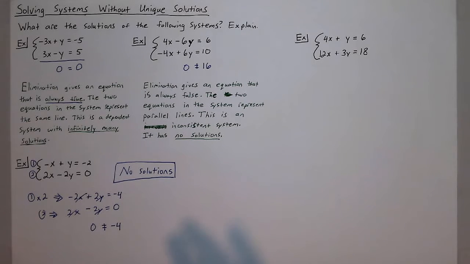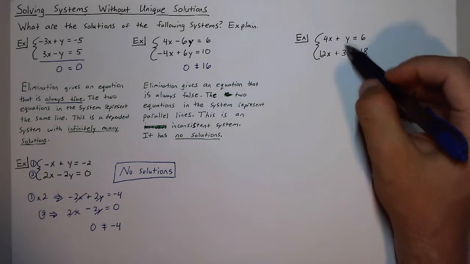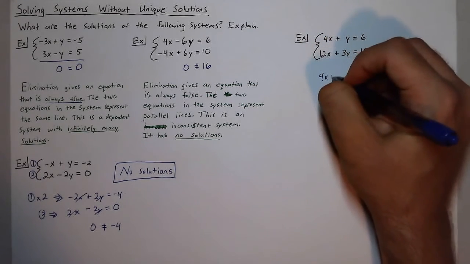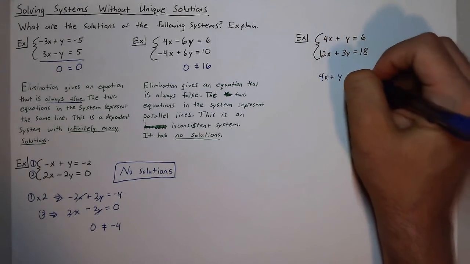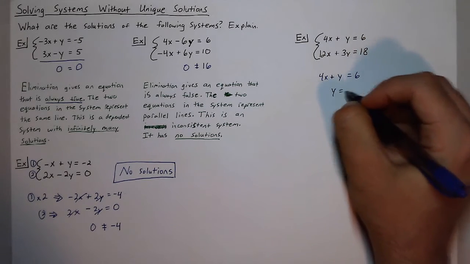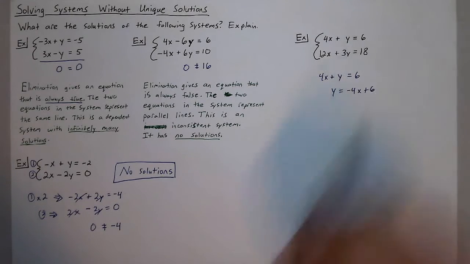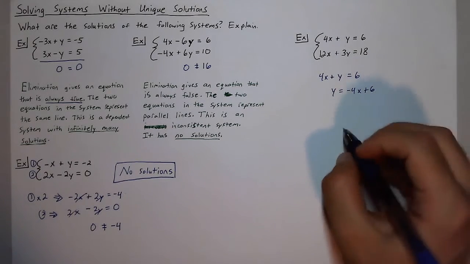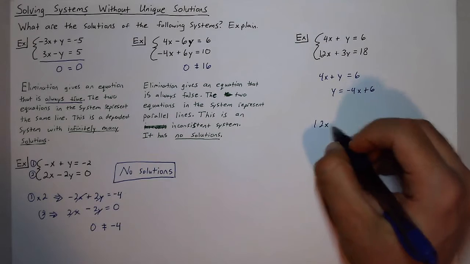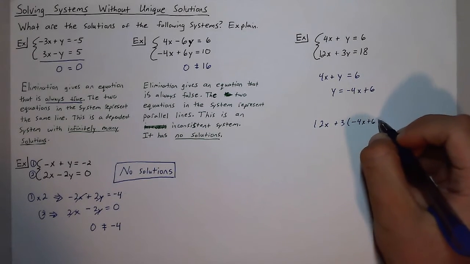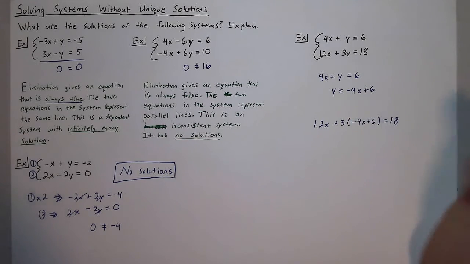Now, I've shown you how to do this with elimination. Now let me show you that it still works even when you use substitution. Because as you can see here, I have a y that's standing by itself. So I could actually take 4x plus y equals 6, subtract 4x, and I get negative 4x plus 6 is equal to y. And I can substitute that into my other equation. So 12x plus 3 times negative 4x plus 6 is equal to 18.